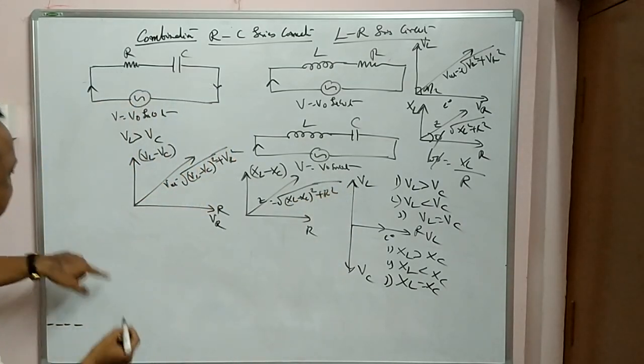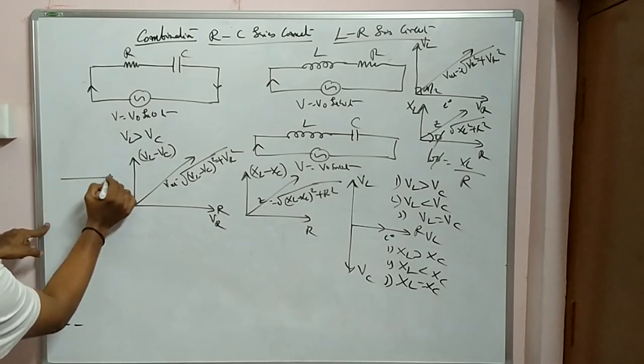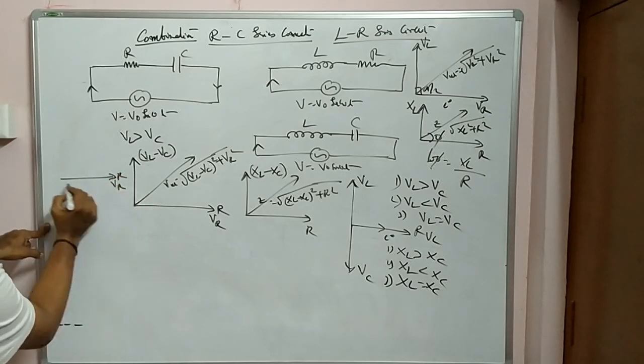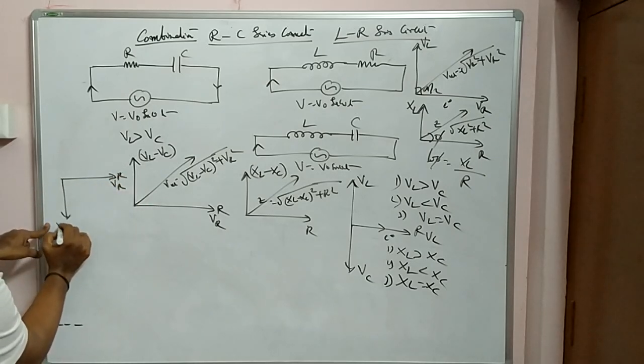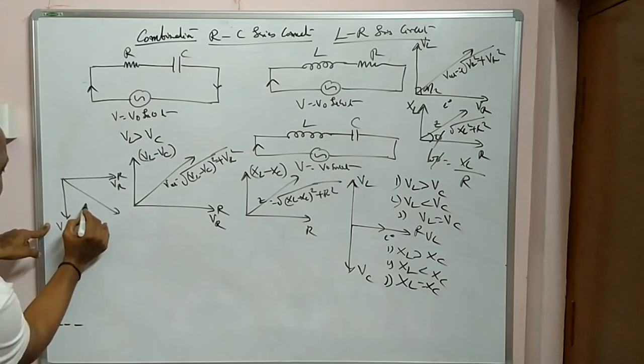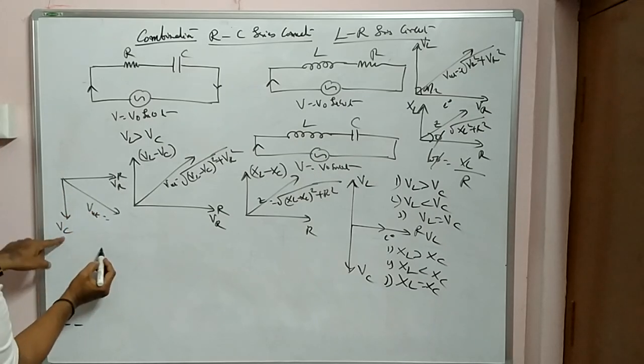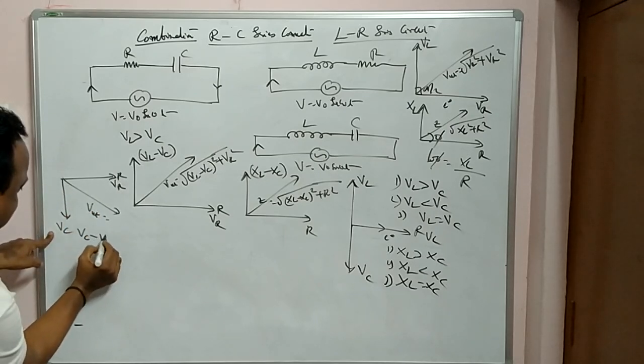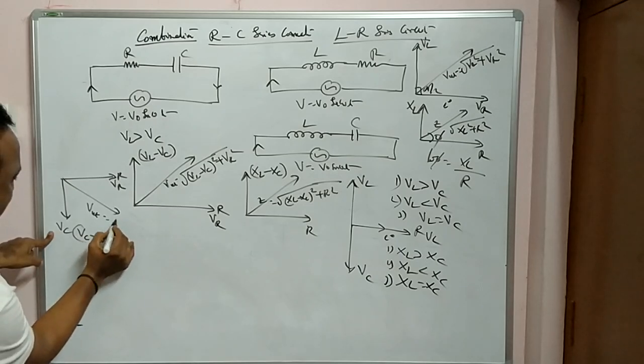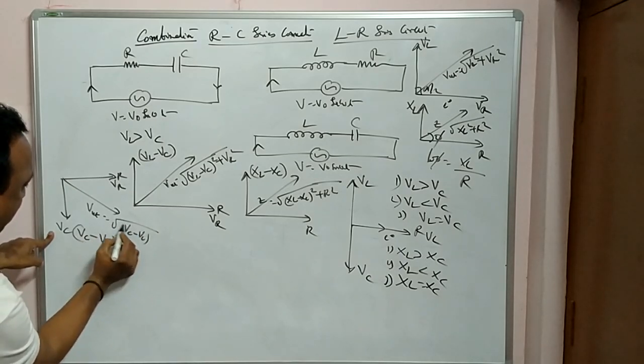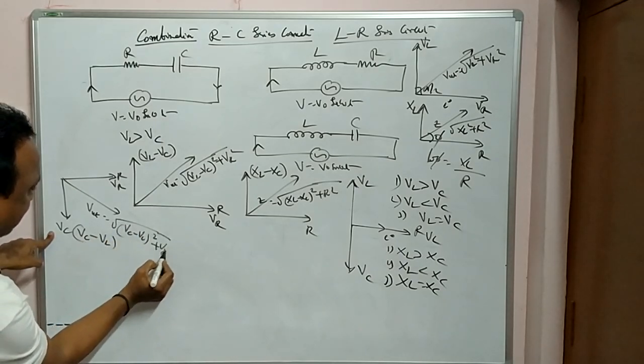Second condition, if VC is greater, then the diagram changes. R, that is VR, comes down, that is VC, then this will be V net. So what will V net be? If this is greater, VC minus VL. So root over VC minus VL whole square plus VR square.